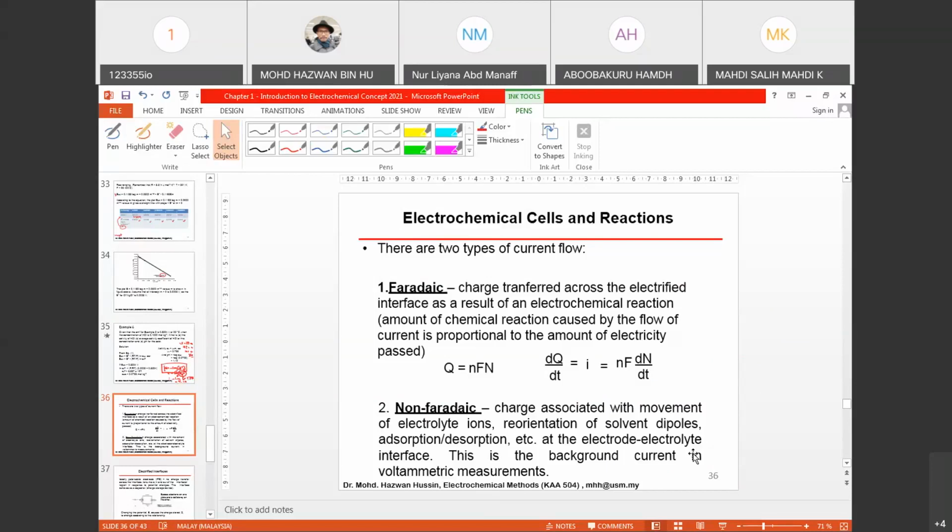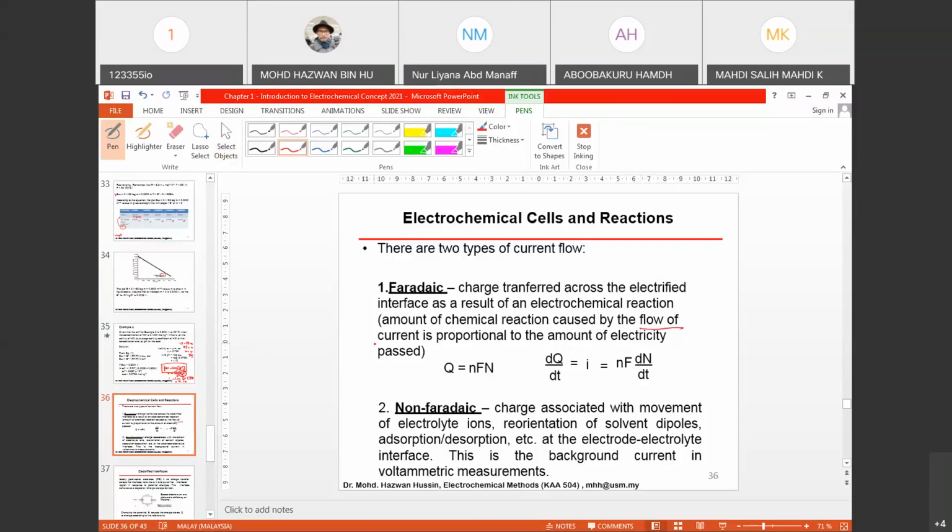So Faraday current tells you that the charge transfer across the electrified interface is a result of electrochemical reaction, with the amount of electrochemical reaction caused by the flow of current being proportional to the amount of electricity passed. In this case, the reaction is always related with the flow of current.